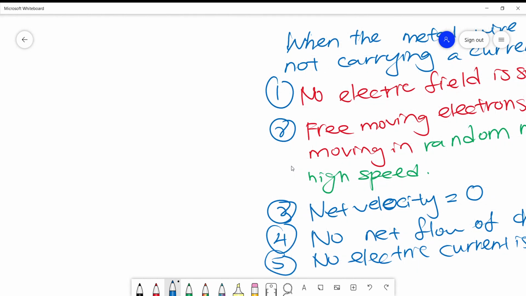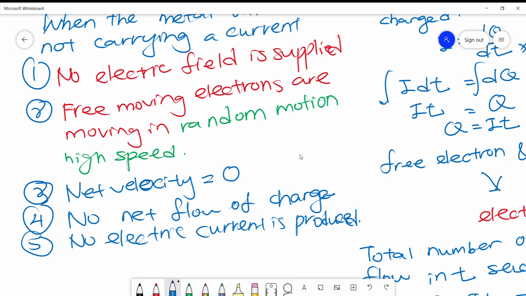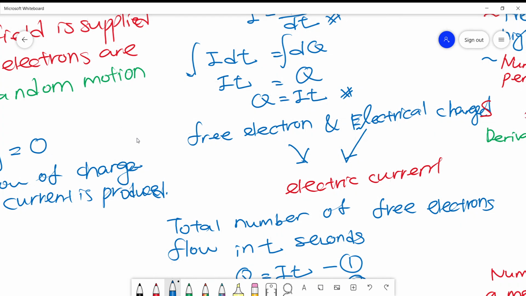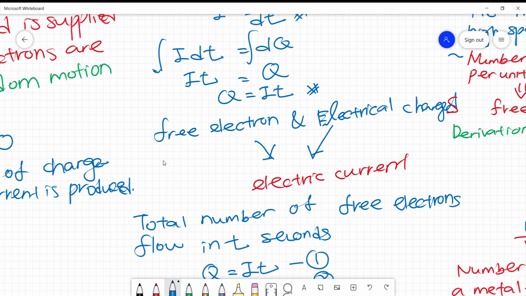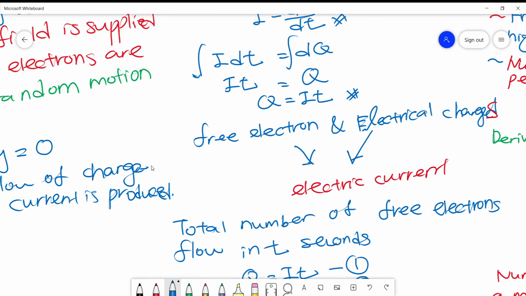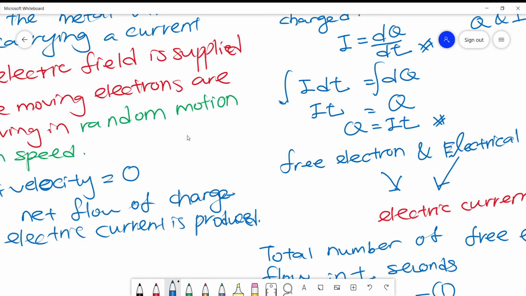Alright, we discussed that the free electrons and the electrical charges will produce the electric current. What is the way that they produce the current?